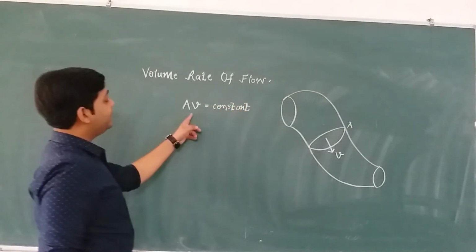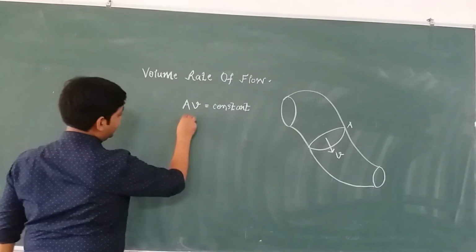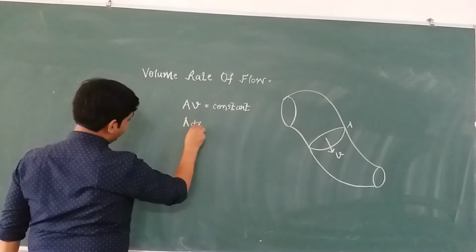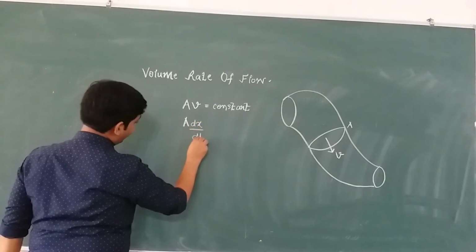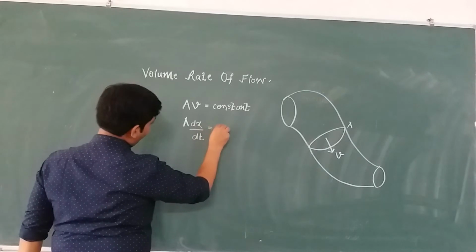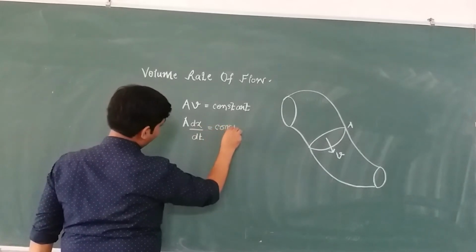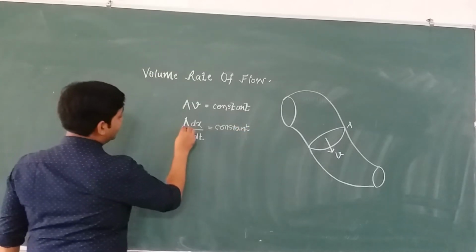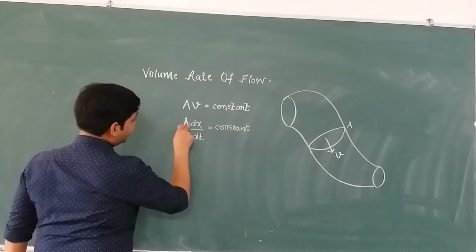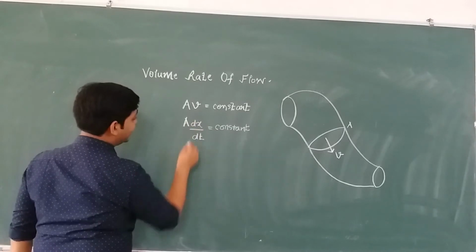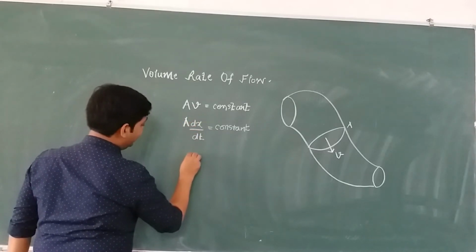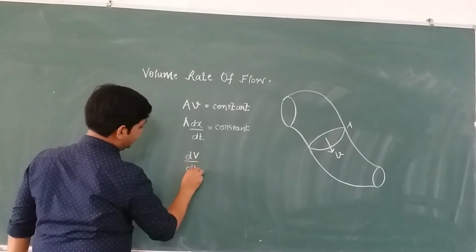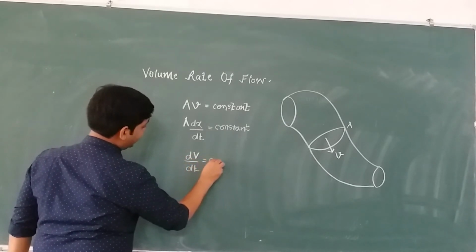Now velocity can be written as dx over dt, if the fluid moves a distance dx in time dt, and this must be constant. And now the product of area and this small displacement dx can be written as dV, which is the small volume of the fluid, over dt, and this is again constant.